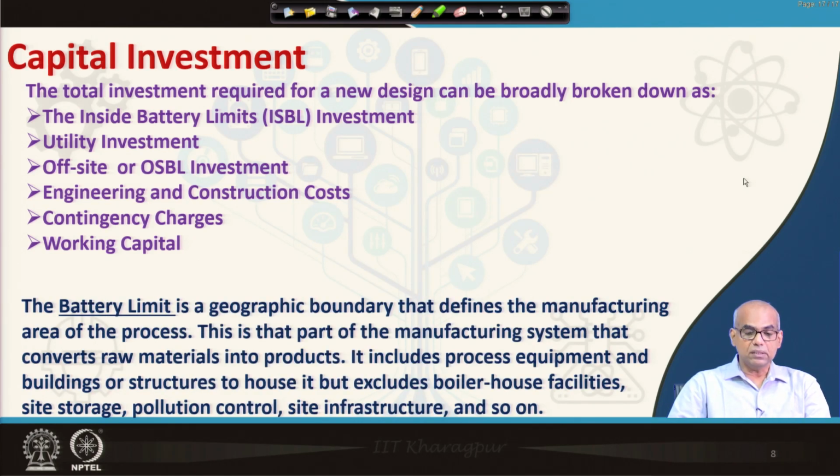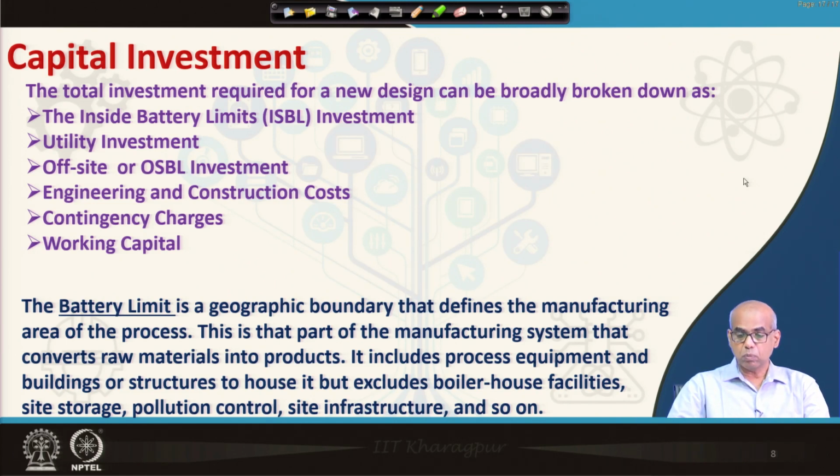The battery limit is a geographic boundary that defines the manufacturing area of the process. This is the part of the manufacturing system that converts raw materials into products. So, this is the main part of the plant. This is where actual production is taking place.